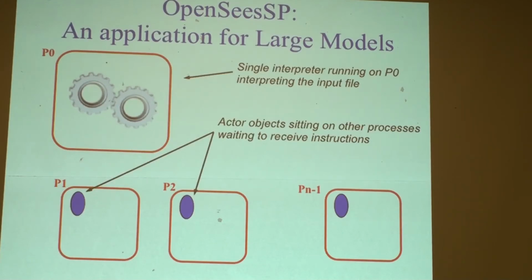So what is SP? We all know that when a regular interpreter is running, it's just one interpreter running on one process. And that's the same thing with SP. We have one interpreter running in one process, and that's the process that's processing your input file. All the other processors are just sitting there waiting for something to do.